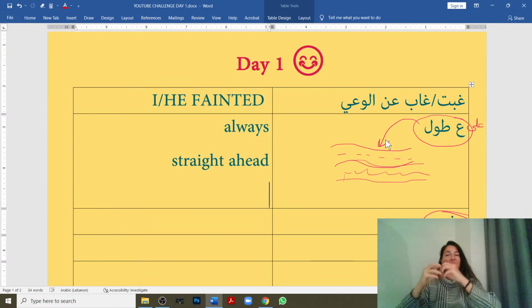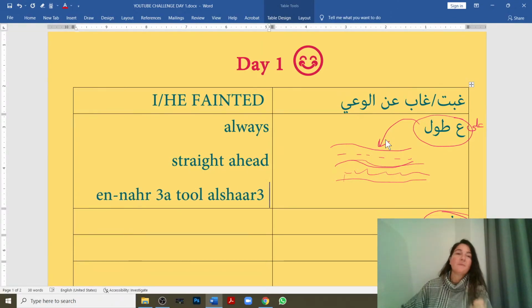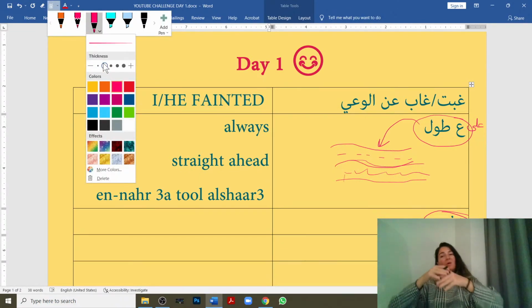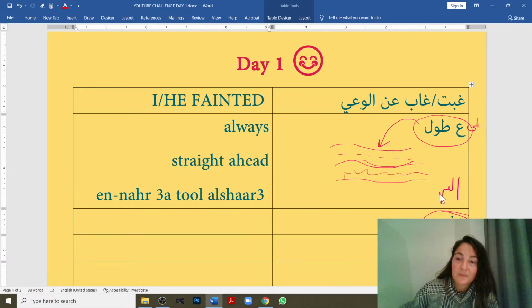In that case it means all along. النهر عطول الشارع. The river is all along the street.